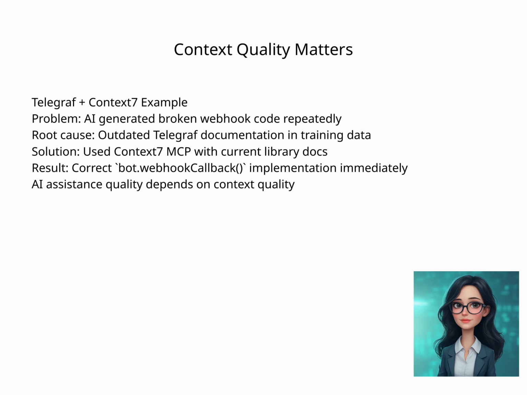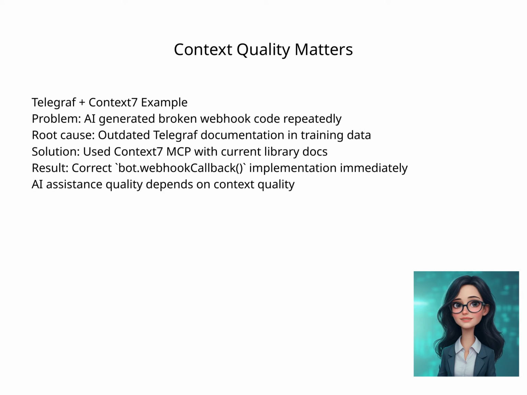Here's a concrete example of why context quality matters. We were having persistent problems with Telegraf webhook implementation. The AI kept generating webhook code that looked correct, but didn't function properly. The issue was that the AI's training data contained outdated Telegraf documentation patterns.